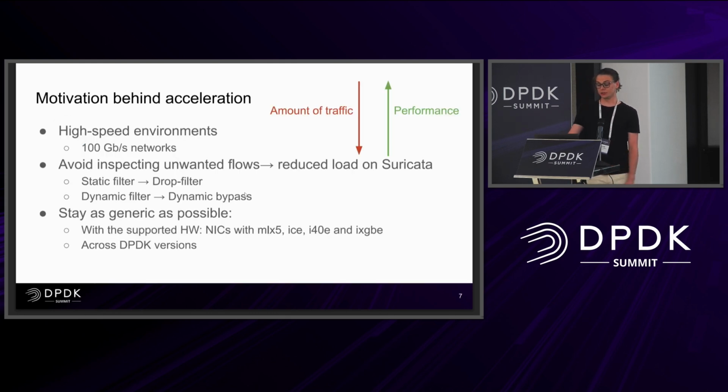What was our motivation behind accelerating Suricata? As Suricata can work in high-speed environments, there can be peak moments in the traffic where not all traffic is analyzed, and during these peak times there can be flows that are unwanted and we know they are safe, so we can not analyze them basically and offload this dropping or this filtering into the NIC, into the network interface card.